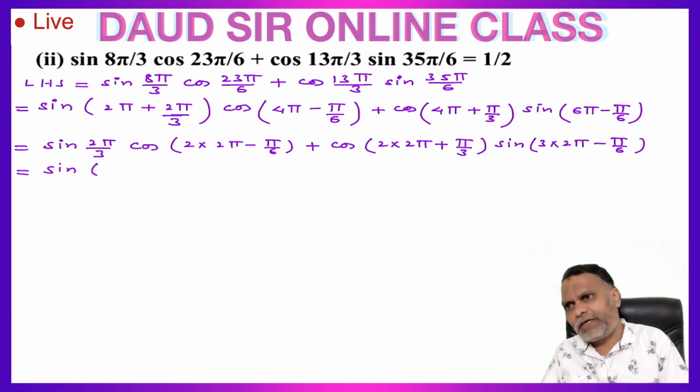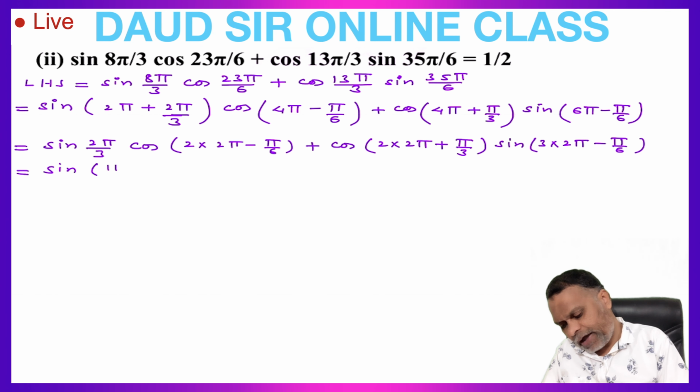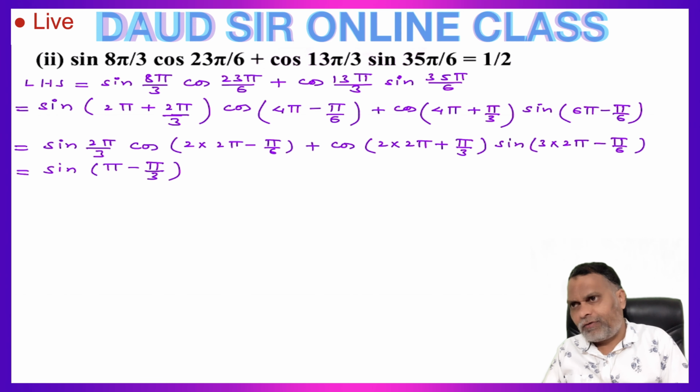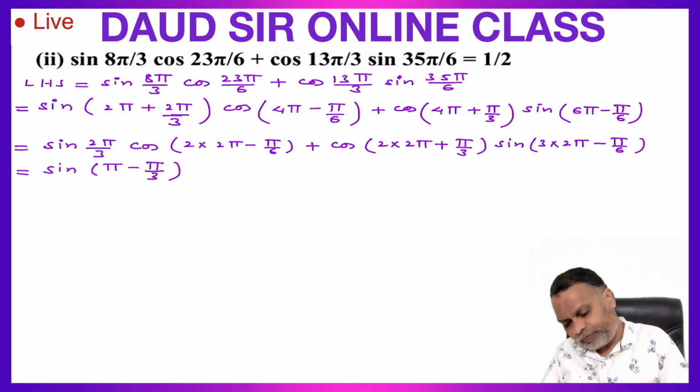This is 120 degree, and 120 can be written as pi minus pi by 3, which is 180 minus 60, 120.